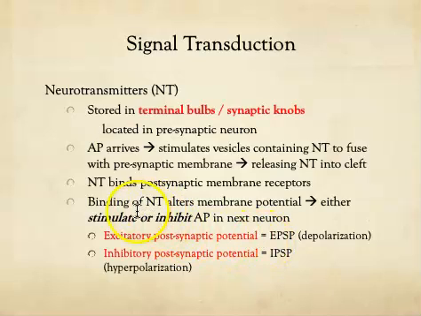And in the case of an excitatory postsynaptic potential, we're going to see depolarization happen on the postsynaptic membrane. Sodium channels are going to open, sodium's going to rush in, we're going to start a new action potential. But we can also see inhibitory postsynaptic potential on the postsynaptic membrane, and that's achieved through hyperpolarization.